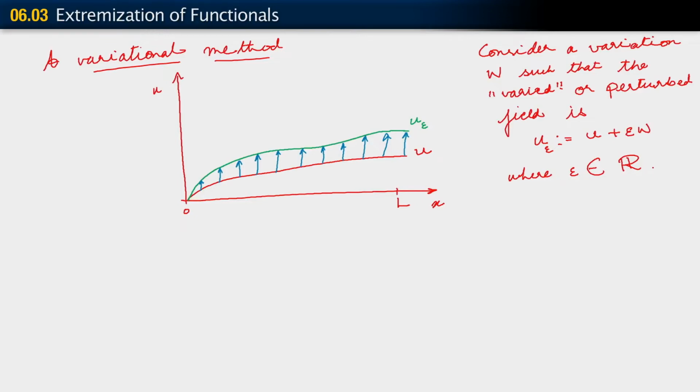I'm calling U sub epsilon the varied field. It implies that W is also a field, right? Because U is a field, U sub epsilon is also a field, and epsilon is just a real number. Obviously, W has to be a field.